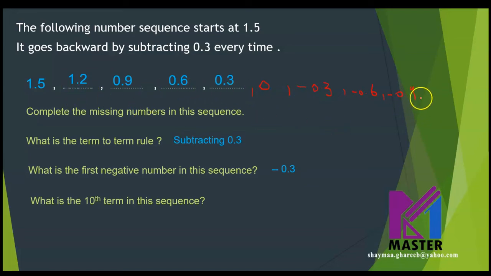No, one more. Then, what do you think? Negative 0 point something? No, it will be negative 1.2. Okay, is this clear?